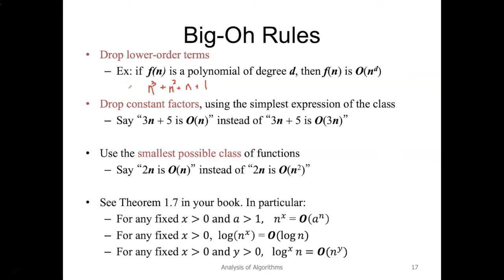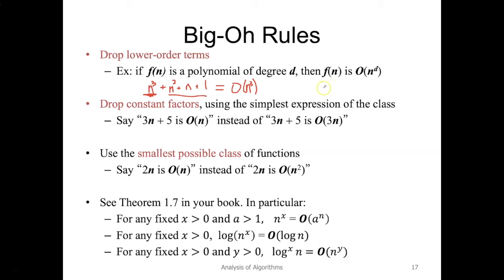Then this function is big O of n to the highest degree. So that means this is big O of n cubed. We're taking the highest order term. n cubed here is the dominant term; it is most responsible for our growth rate. The other remaining terms are lower order terms, and they don't contribute as much to the growth rate. So that's one rule: drop any lower order terms.